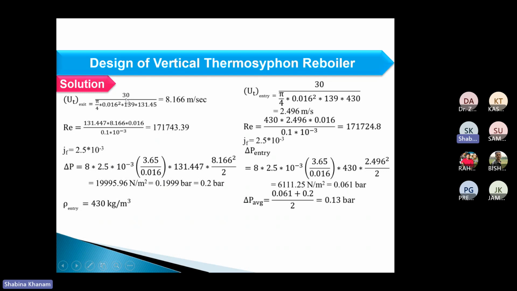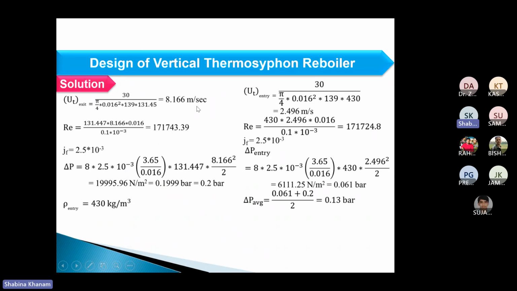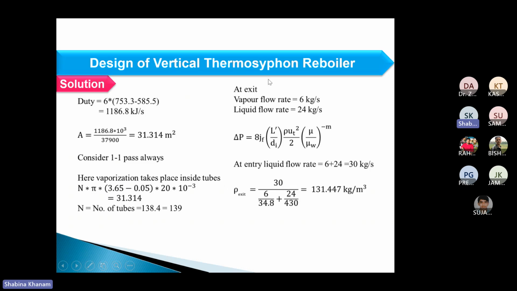We have considered total flow as 30, because mass will remain the same, divided by the area of a single tube, the cross sectional area, into number of tubes, 139, which we have calculated. So whatever feed is entering will be divided in 139 tubes. And 131.45 is the density of the mixture. Considering that, we can find out the velocity as 8.166.